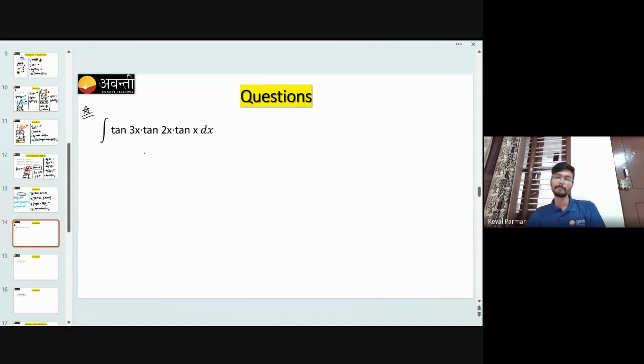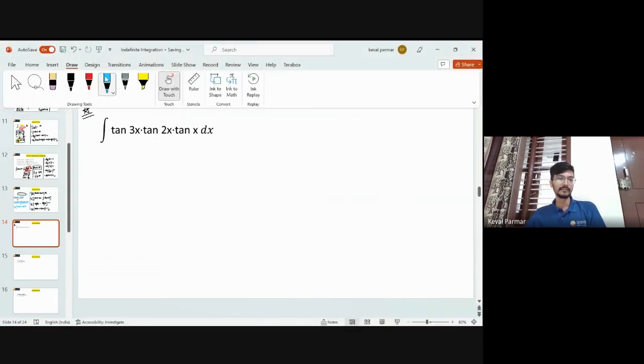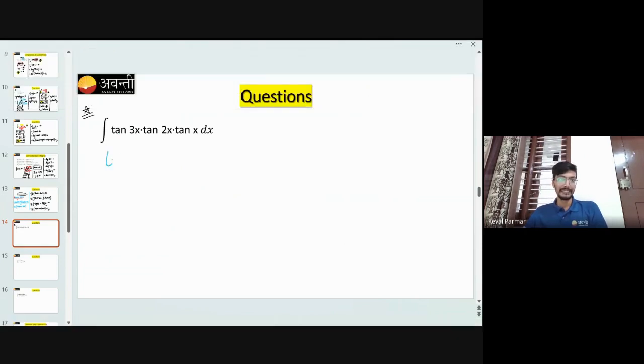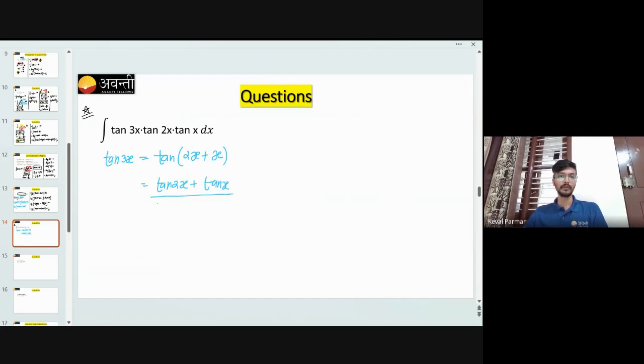So if you remember, we will again consider here. I can write tan 3x as tan of (2x plus x), right? And here I can use the tan (a plus b) formula. What is tan (a plus b)? It is tan a plus tan b upon 1 minus tan a into tan b.